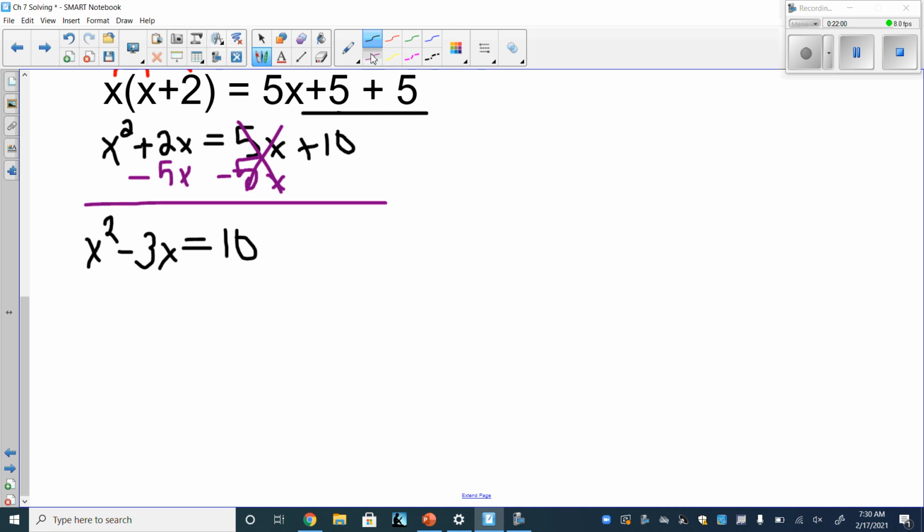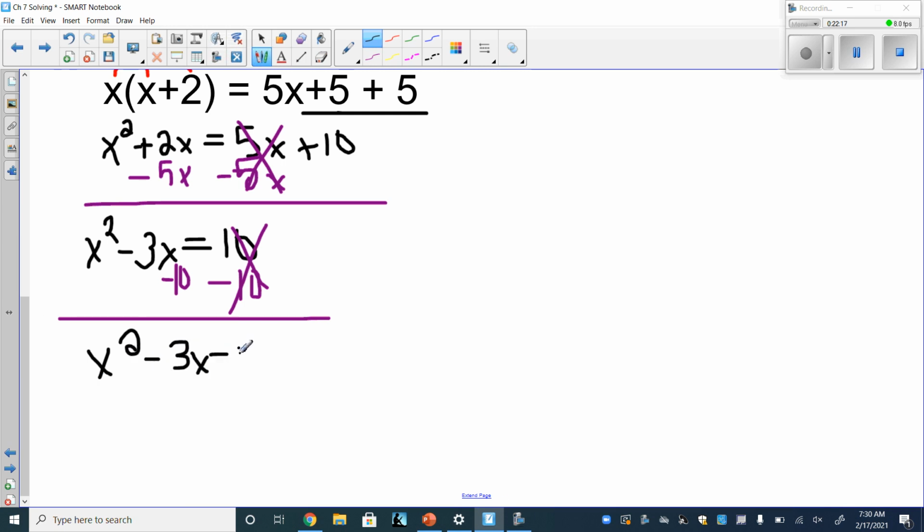So we're almost done getting everything on the same side. I just need to subtract 10 from both sides. Because 10 minus 10 here would cancel out. And what we're left with is x squared minus 3x minus 10 is equal to 0.